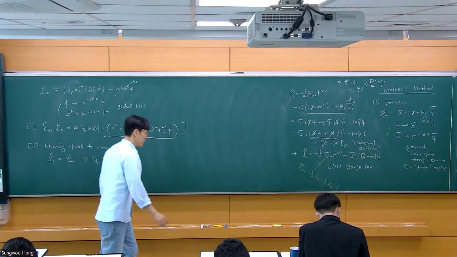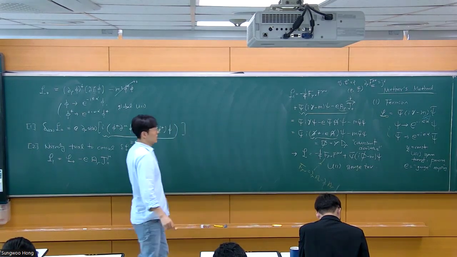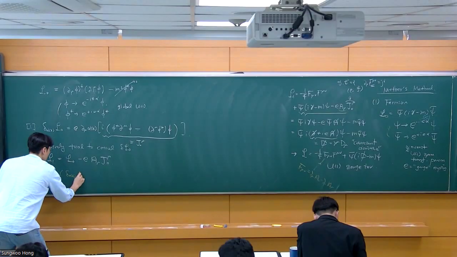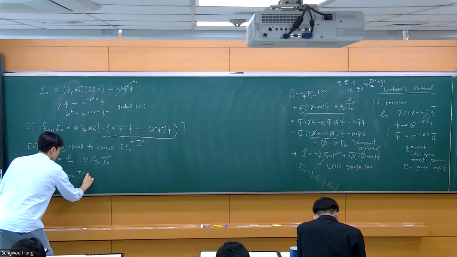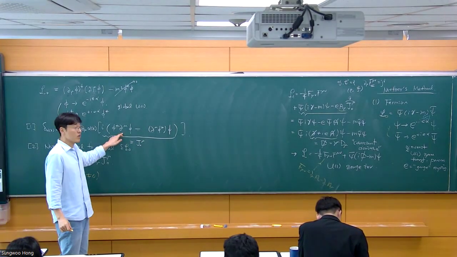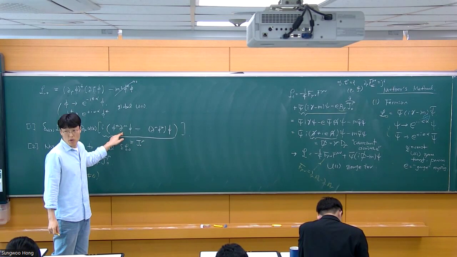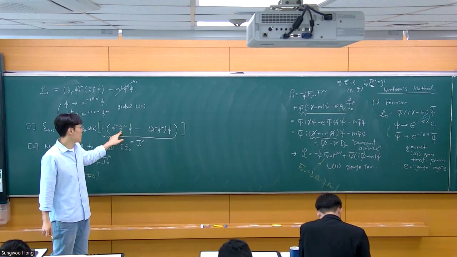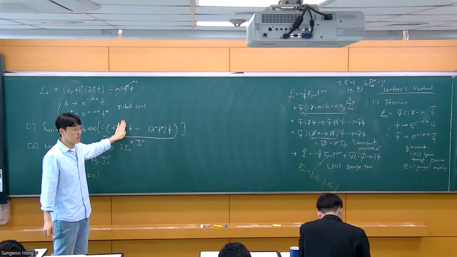However, note that here there is a key difference between this and the fermion case. Here, the zeroth order current is not gauge invariant. The key difference is that, as you see here, the zeroth order current has a derivative in it. Previously it was totally polynomial, so it was gauge invariant.